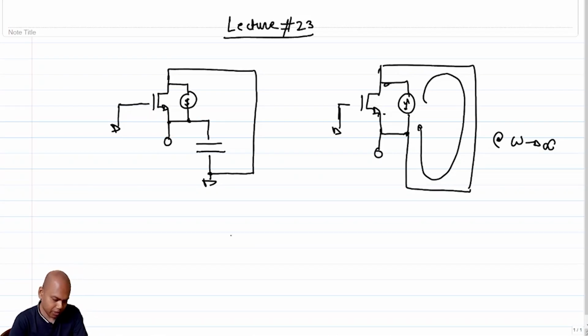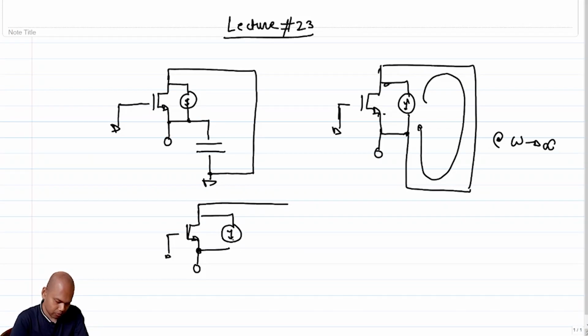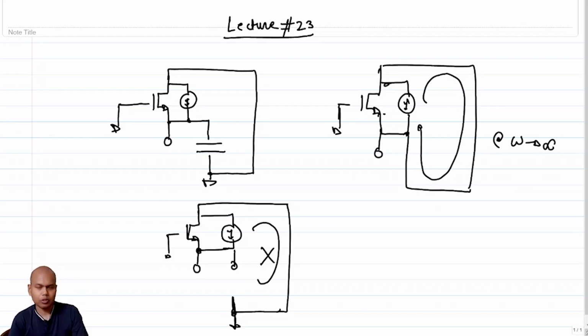What happens at DC? If I follow the same picture, what happens at DC, or at very low frequency? So the capacitor is open circuited, so no current at the output, right?